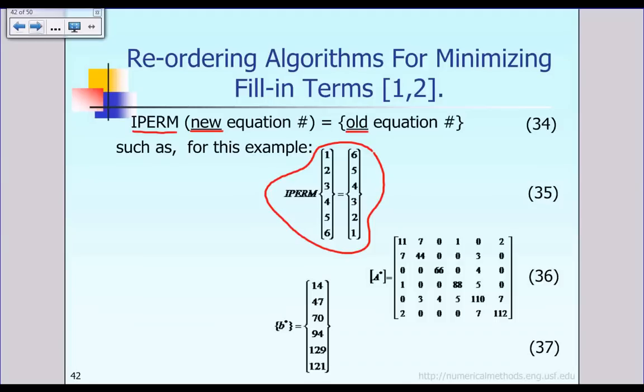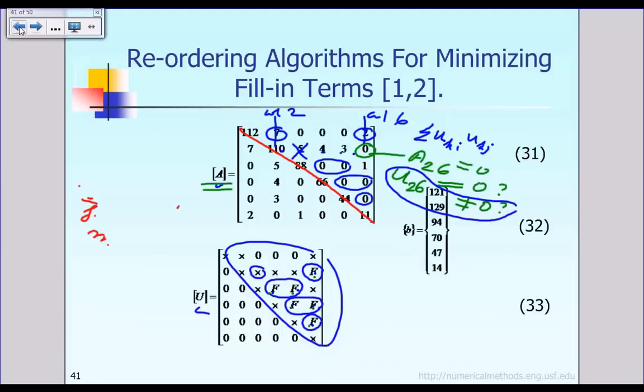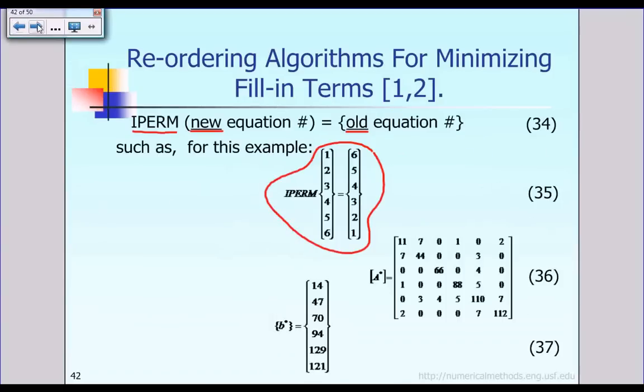So let's say the given matrix A that we have in equation 31 goes through some reordering algorithm, such as the reverse Cuthill-McKee algorithm or the METIS algorithm, a reordering algorithm.